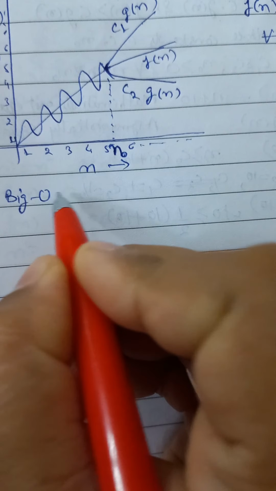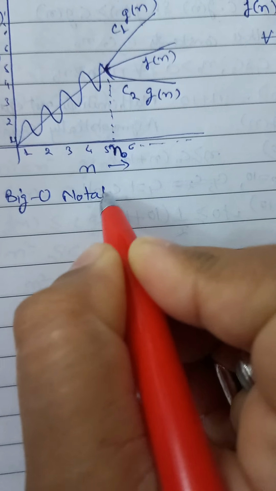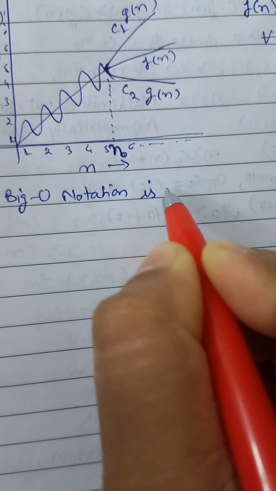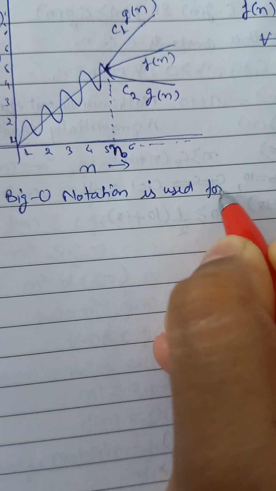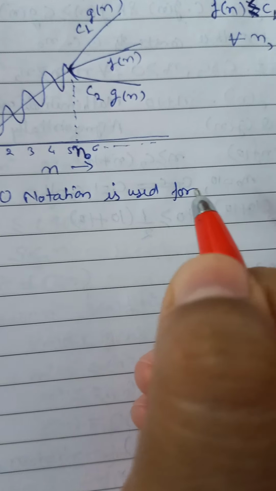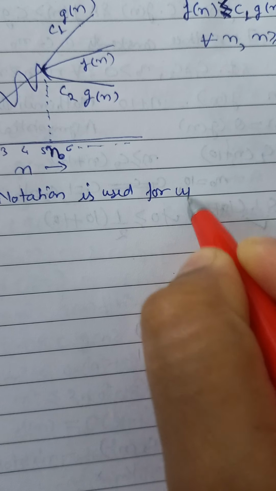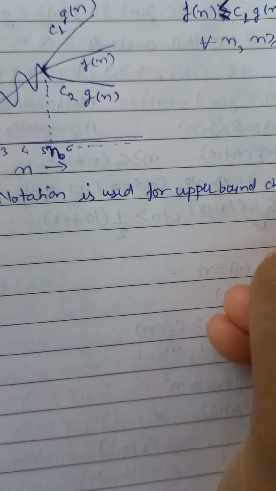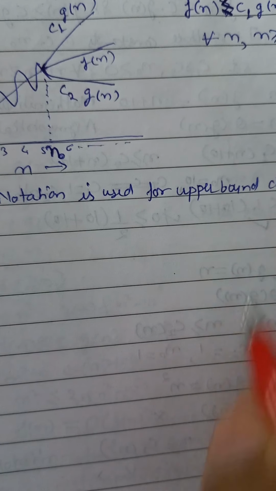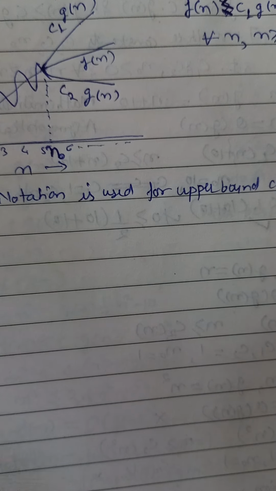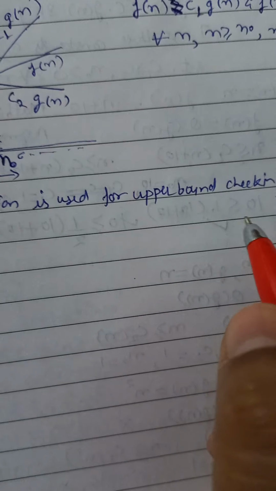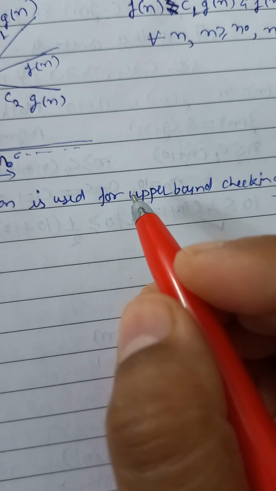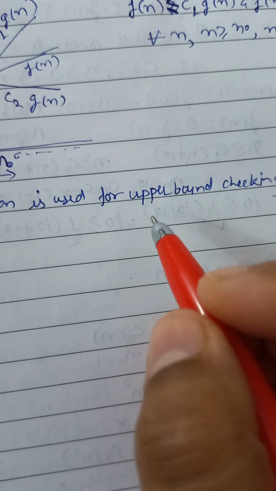Big O notation is used for upper bound checking in our algo, so till max time complexity.